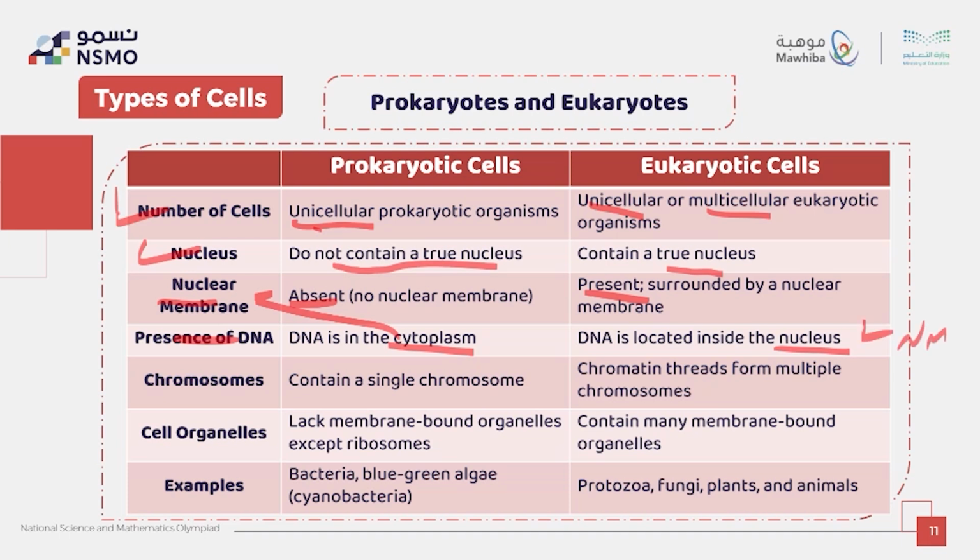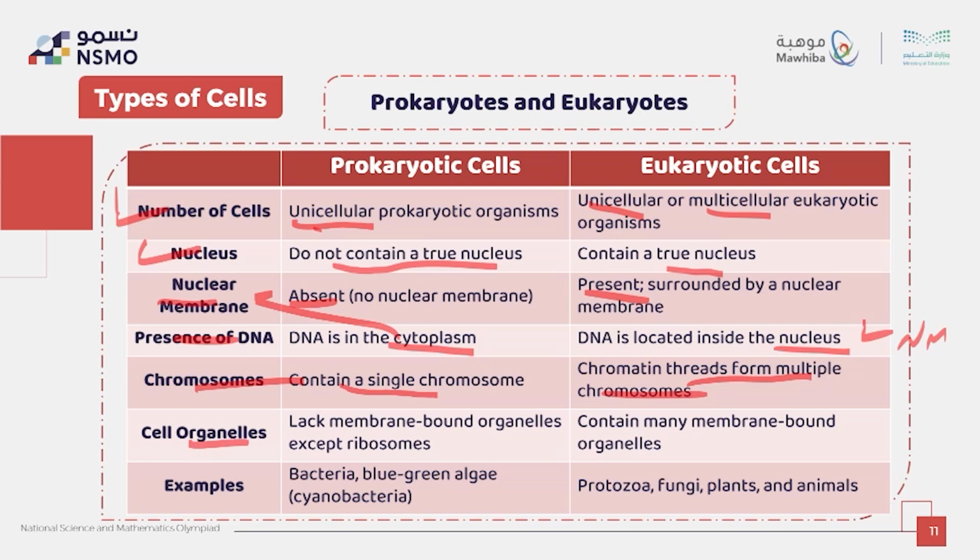Okay, chromosomes: in the prokaryote, one circular chromosome, but in eukaryote, multiple linear chromosomes.